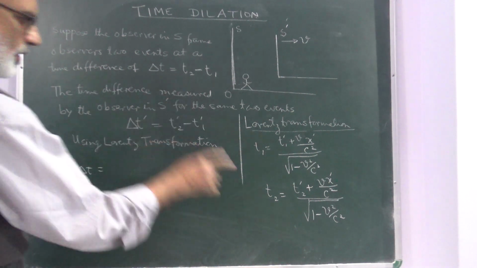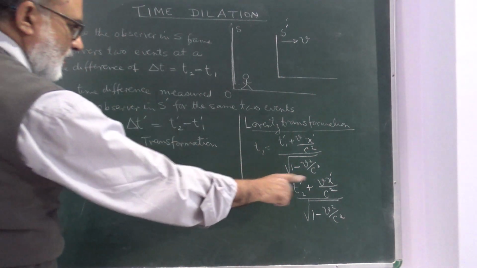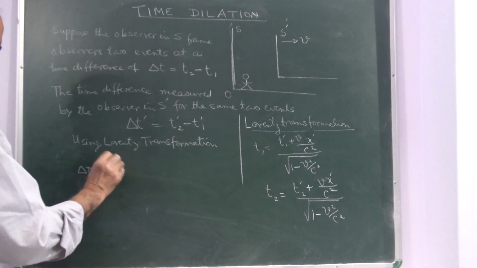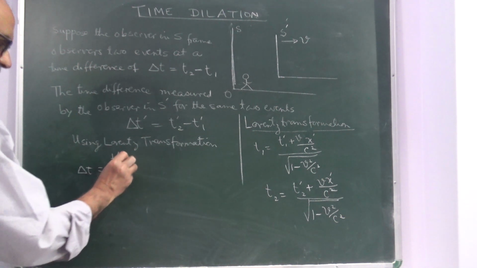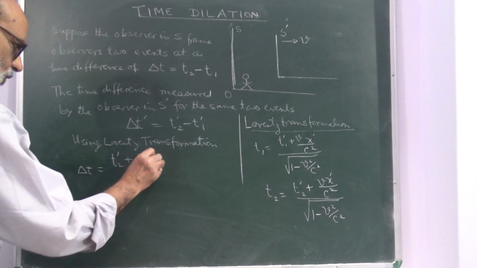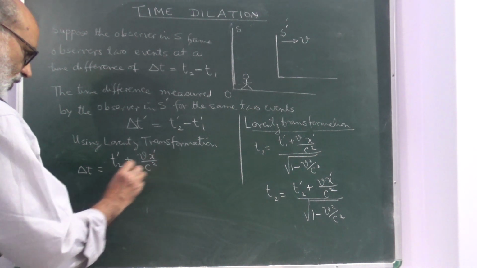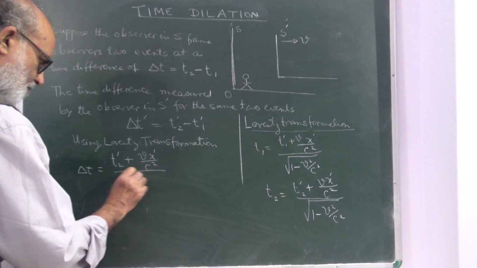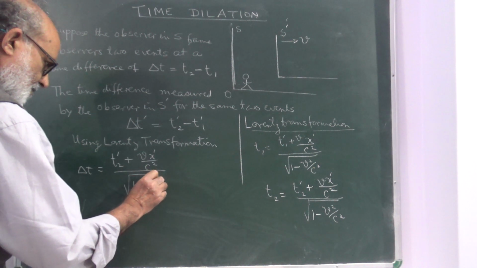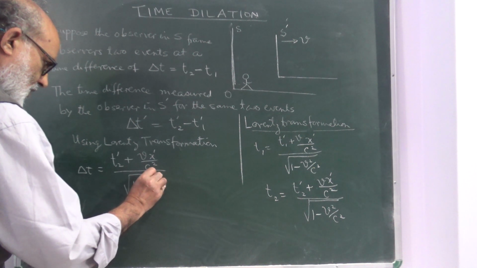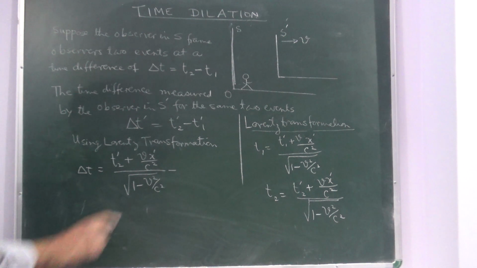Instead of T2 we have in terms of dash, so it is T2 dash plus Vx dash by c square over root of 1 minus v square by c square, minus T1.